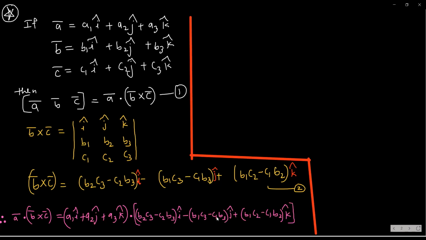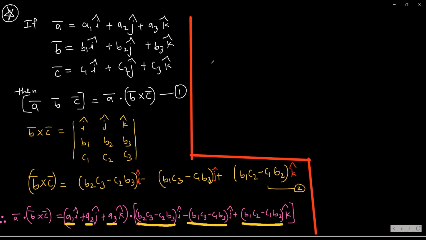So here I have the dot product of two vectors. One vector is here, the other vector is here. You know, when you take the dot product, you multiply the coefficient of i cap with the coefficient of i cap, the coefficient of j cap with the coefficient of j cap, and the coefficient of k cap with the coefficient of k cap, and then you add those respective products.